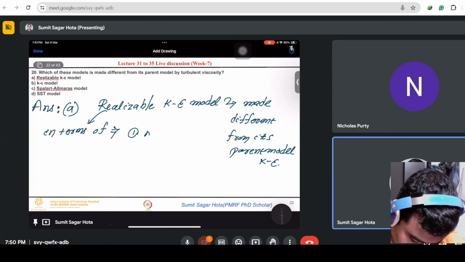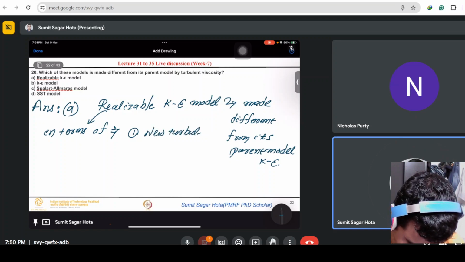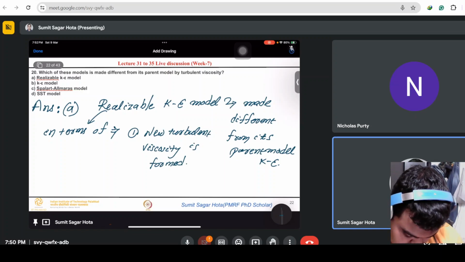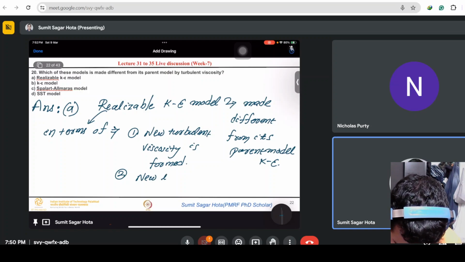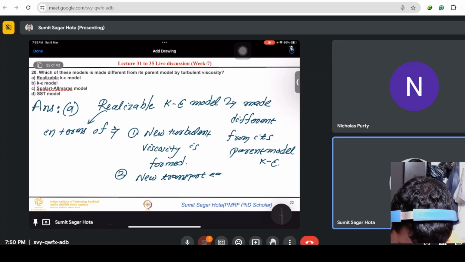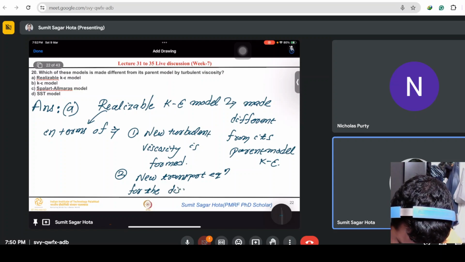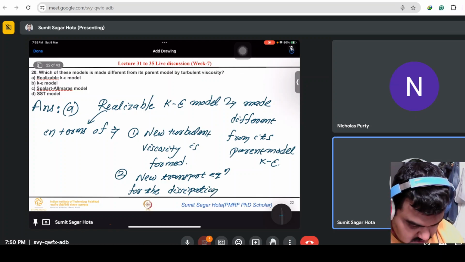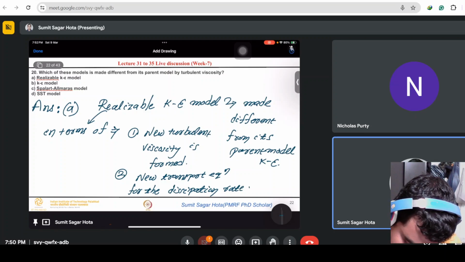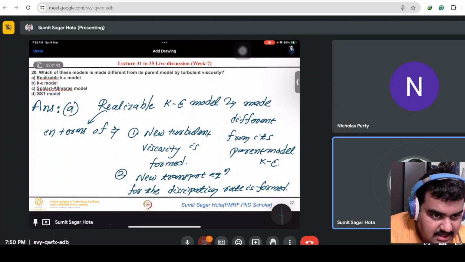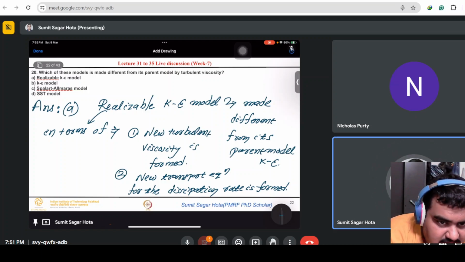The realizable epsilon model is different from its parent epsilon model in terms of what?